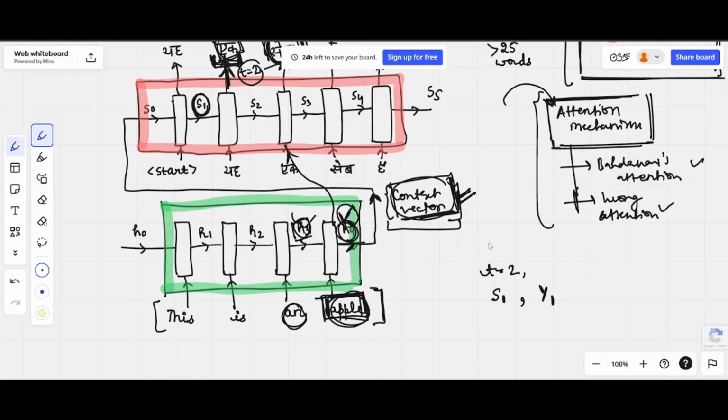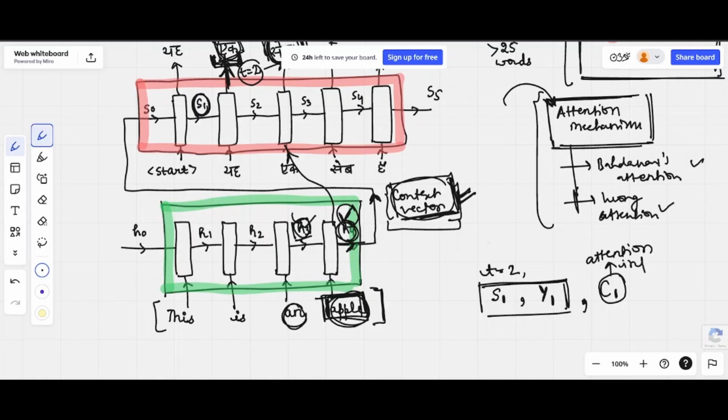That is the input that we are getting, correct? Now, these were the inputs in encoder decoder. In attention mechanism, we need an additional input, and that is C1. What is this C1? This C1 is called attention input.